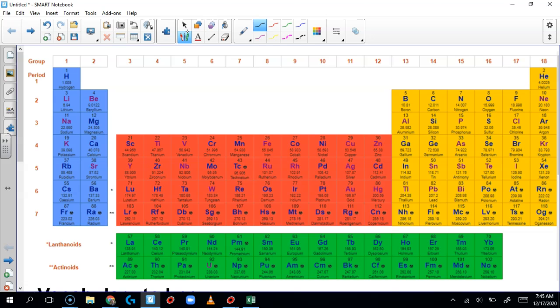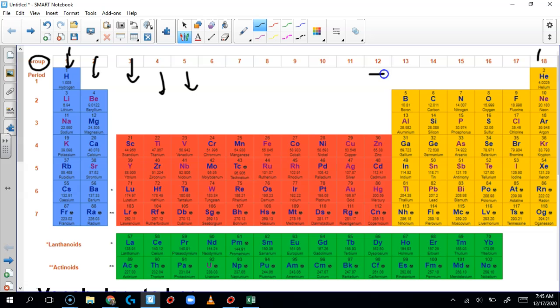Okay, but the first thing I wanted to start by defining is what a group is. You'll notice here that it says group, and the groups are the up and down columns on the periodic table, and groups are numbered 1 through 18.